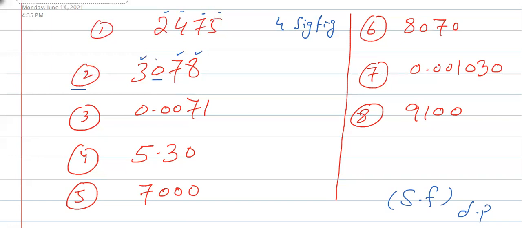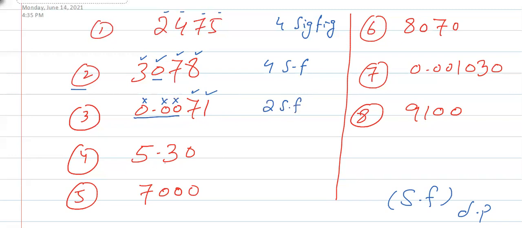So 4 significant figures. Now in this case, obviously significant, significant. But these zeros are leading zeros, and leading zeros are not significant. So only 2 significant figures.